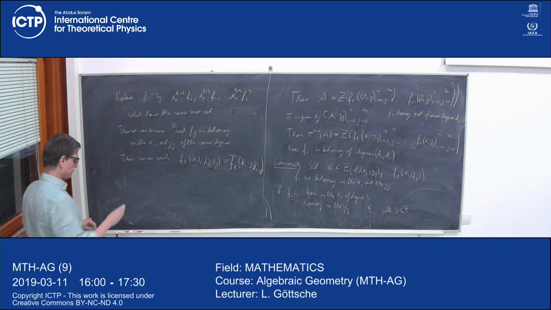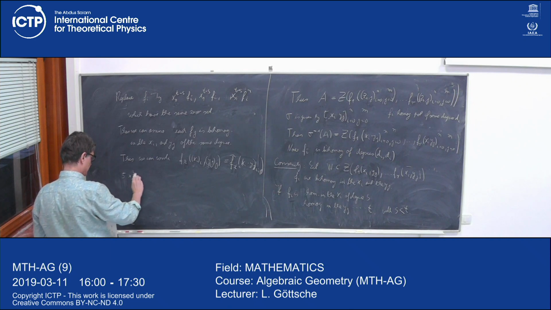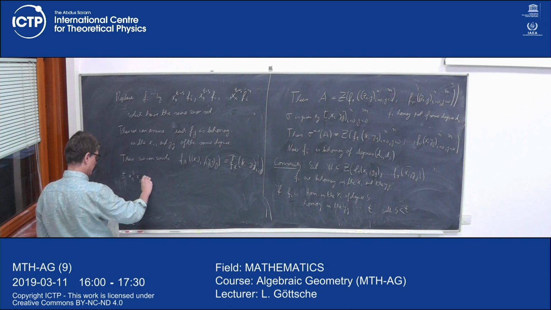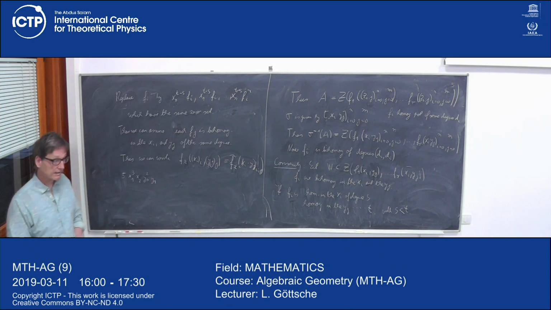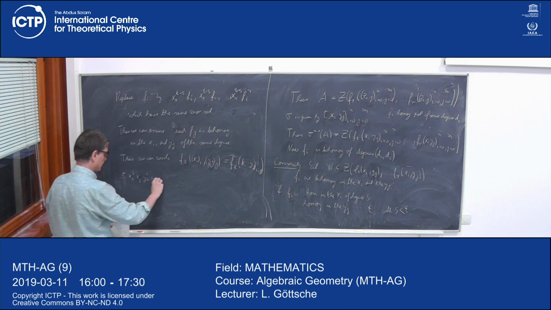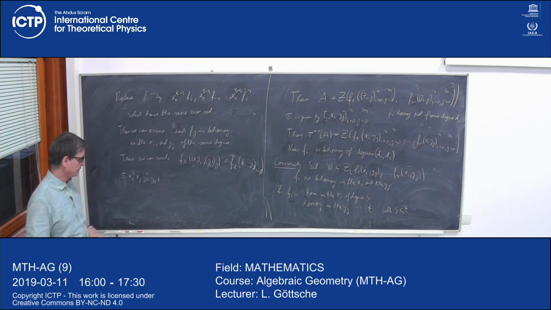Just if you have 5 x1 to the 3, x2, y0 squared, y1, something like that, plus other terms. There are many ways how you can do it, but you can just write this.